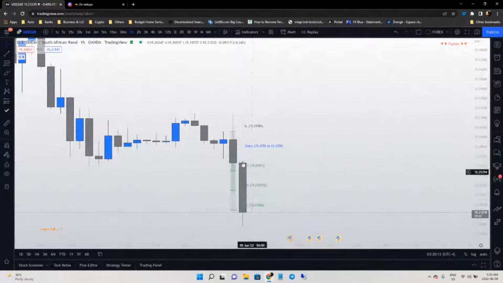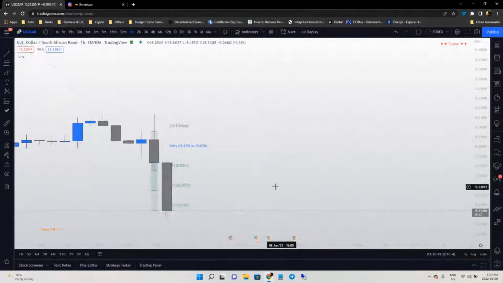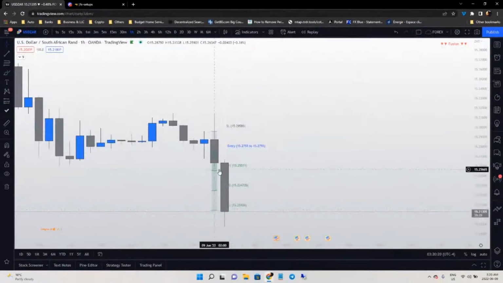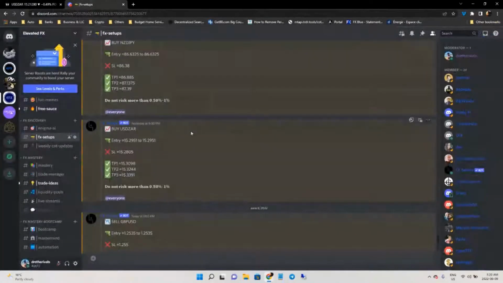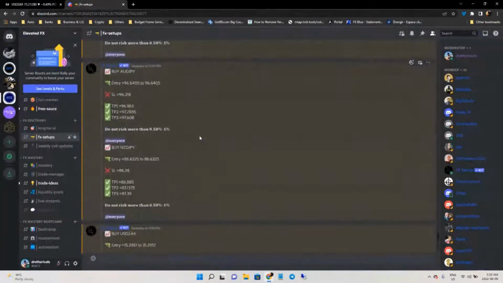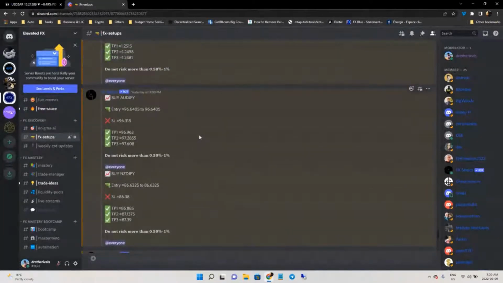So that's why this setup was the perfect setup to get in. And as you could see, it went to TP3 in less than, what, 15 minutes. That's pretty cool. So okay, let's scroll up.